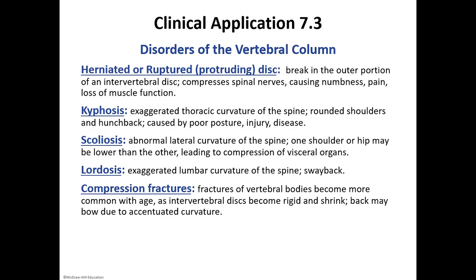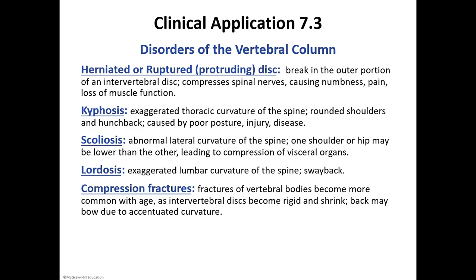The spine is supposed to be in the sagittal plane straight up and down. If it's not, and there's a curvature to the left or to the right at any point, that's called a scoliosis.